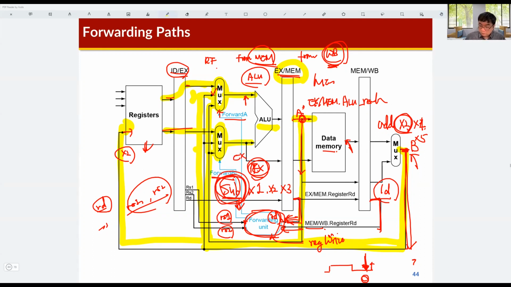So when the load instruction is in the write back stage, the following instruction should be in the EX stage. That means we need to make this pipeline stage empty. So this is the pipeline stall.